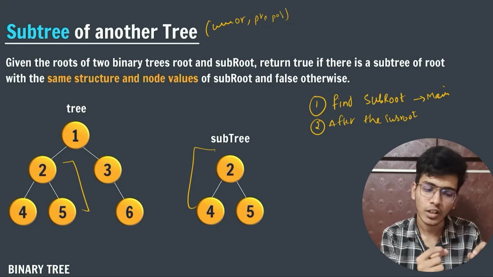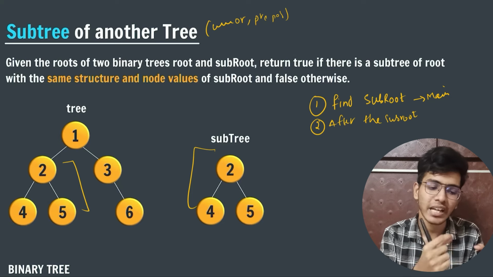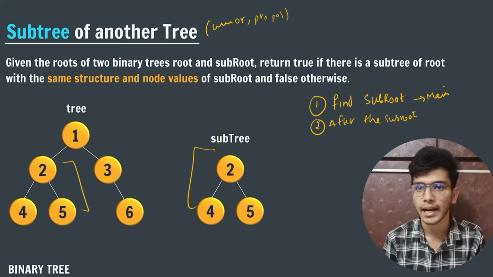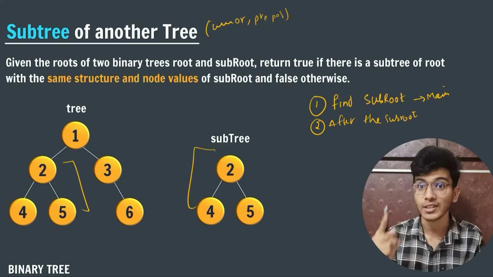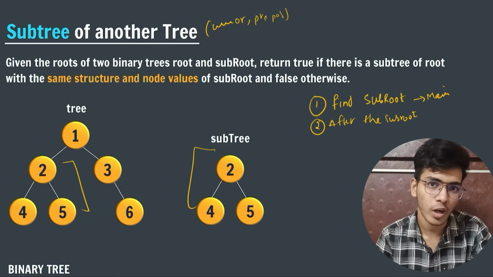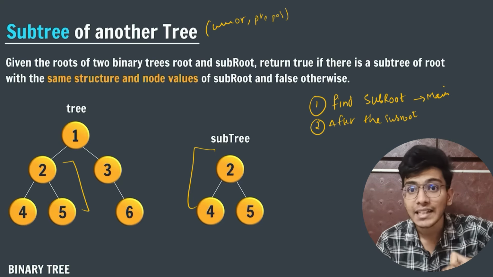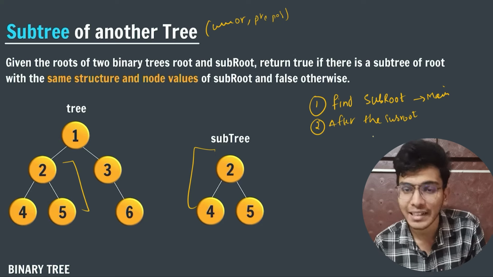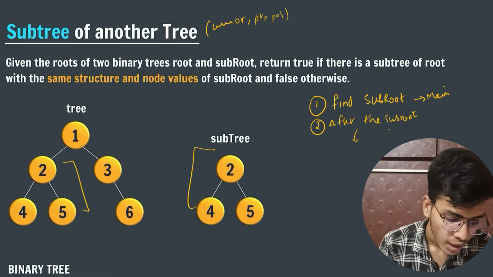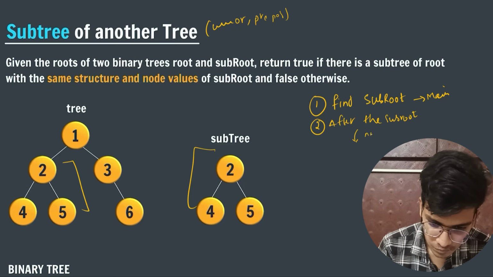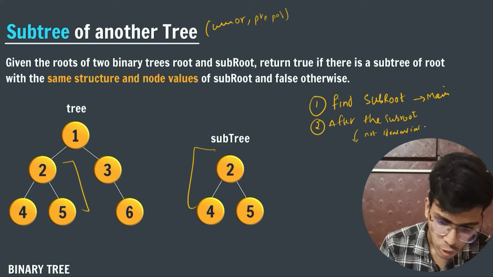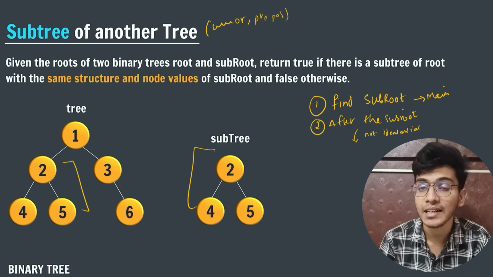Because if it doesn't satisfy at least one condition, then it is not identical, right? I hope you got the logic. So instead of finding the conditions for identicalness, I will find the conditions for not identical. So if the tree is not identical, I will return false.